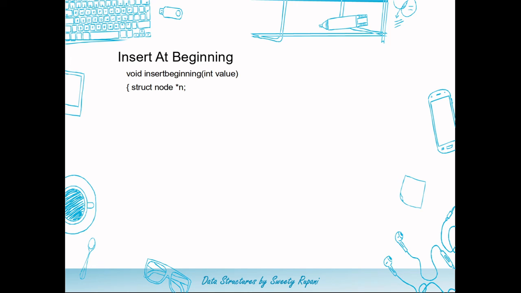I am making a call to an insert beginning function. I am bringing a value over here which is required to be inserted in an existing list. So I took this as a pointer for a newly created node.